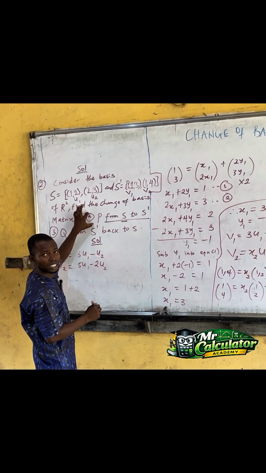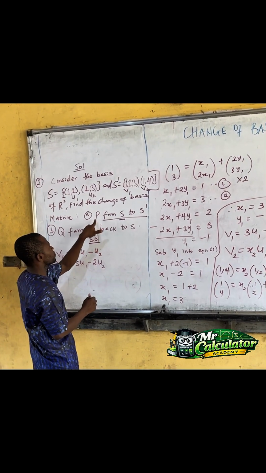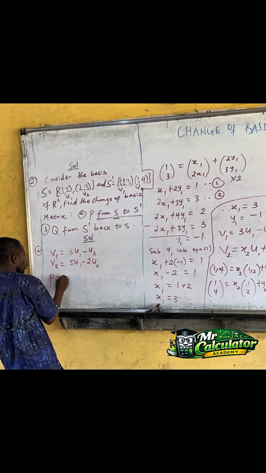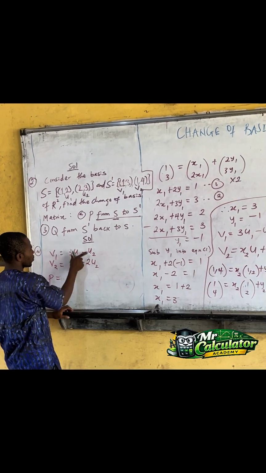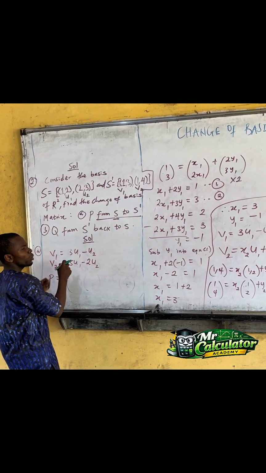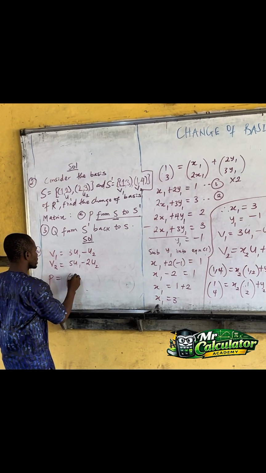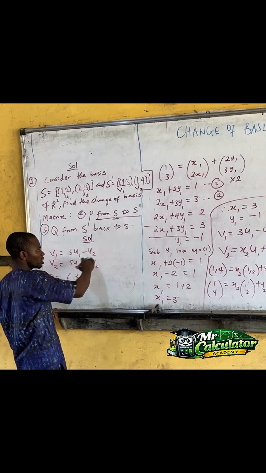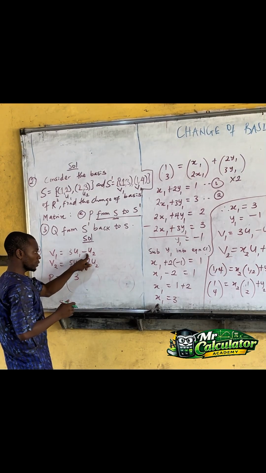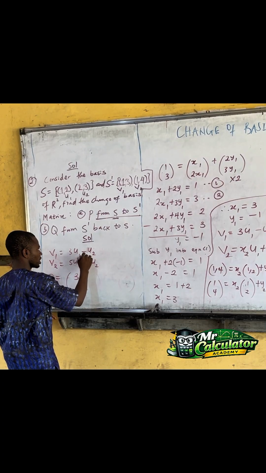Now the question says find the change of basis matrix P for question A. Now I want to write this as basis matrix P. Don't forget, P is the transpose of what I've gotten here. So I'm picking out the coefficients. What is the coefficient of u1 here? 3. This is a row, but it will be in form of column. Transpose means changing all the rows to columns. The coefficient of u2 here is minus 1. There is an invisible one here.